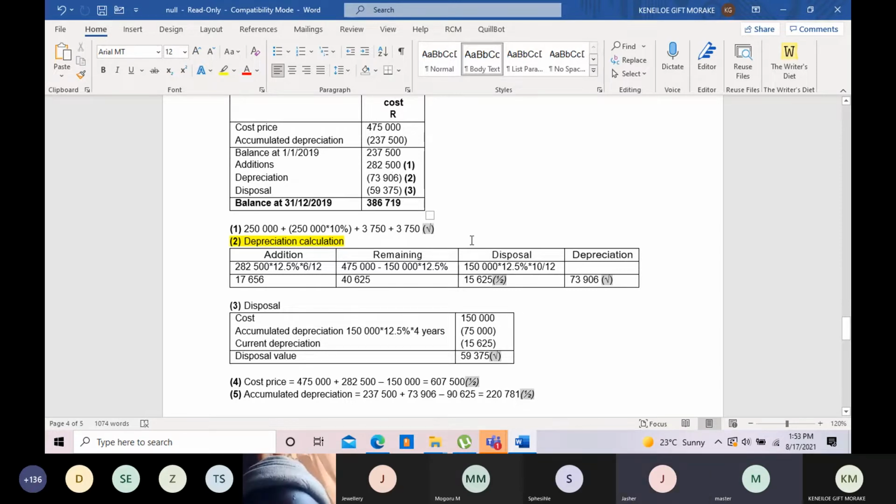After that, you subtract the 75,000 accumulated depreciation under disposal, minus the depreciation there, which is 15,625.